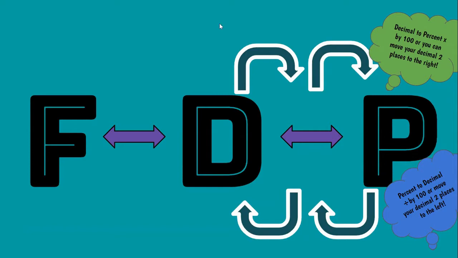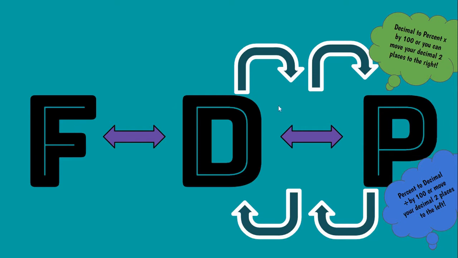I'm sure that you've all been taught, when you're dealing with percent, fractions, and decimals, well, let me back up. Here is my little cheat sheet. Let me just start with that. We have FDP. F stands for fraction, D stands for decimal, and P stands for percent.